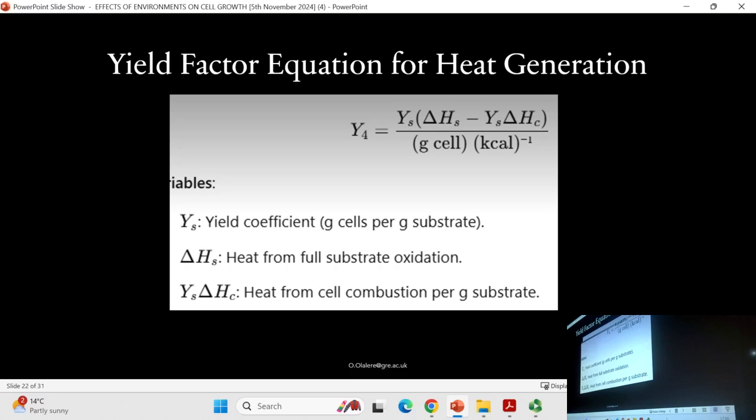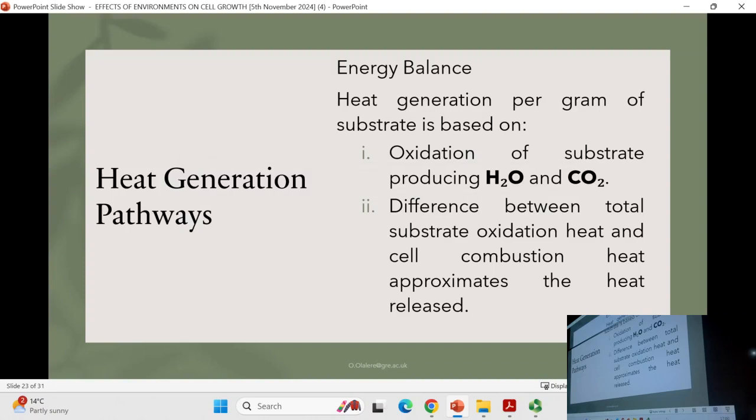Ys is the heat coefficient, that's gram cell per gram of the substrate, and delta HS is the heat from full substrate oxidation, and this one is the heat from cell combustion per gram substrate. It's more or less like we are trying to explain the metabolic process inside microbial growth.